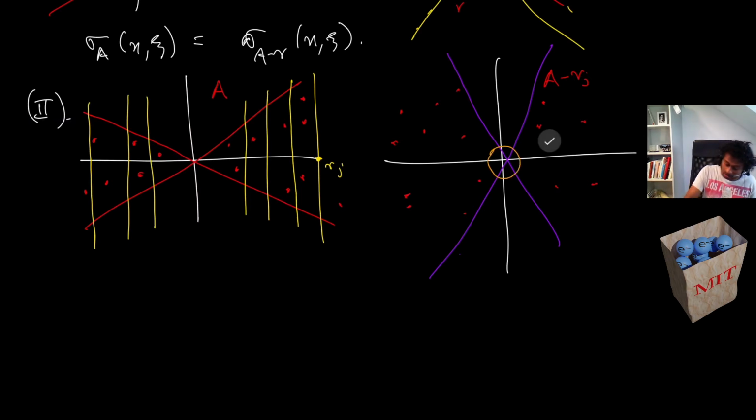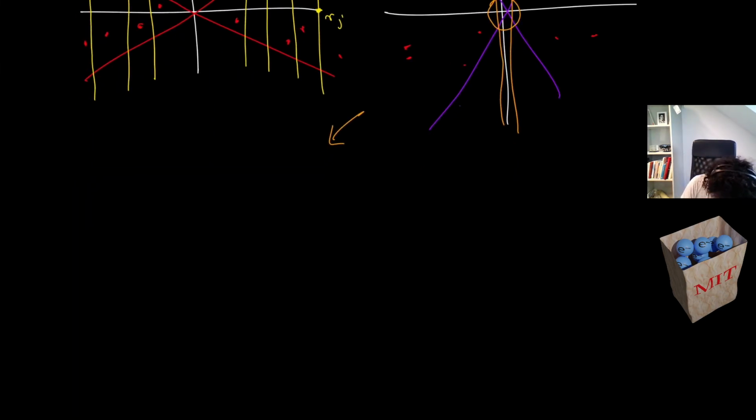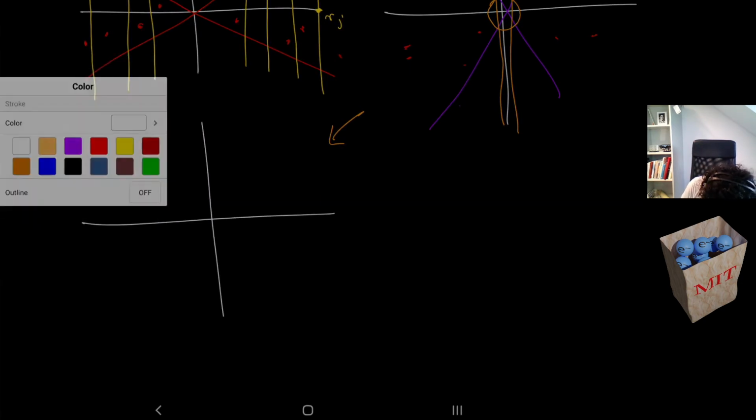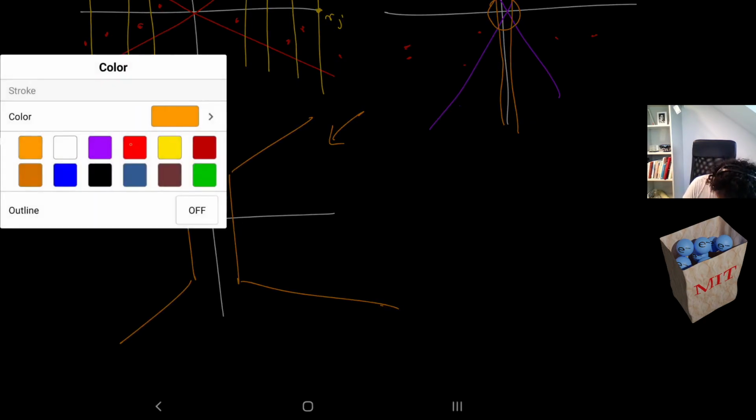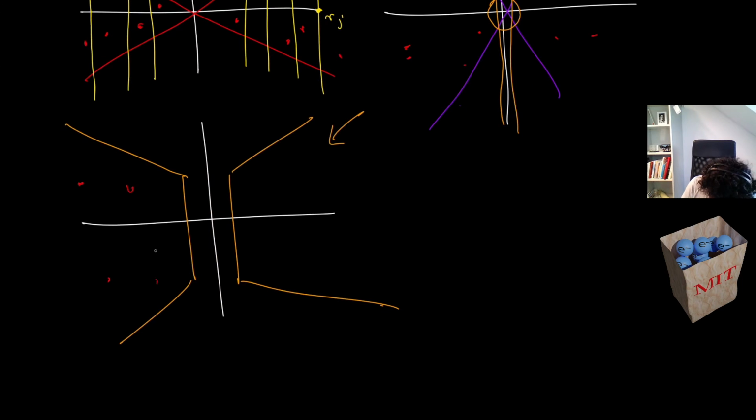We've drawn this line, and we know that in some neighborhood of the line we also don't have spectrum. And so what we really end up with is an operator with spectrum that looks as follows. So all the spectral points are out here.